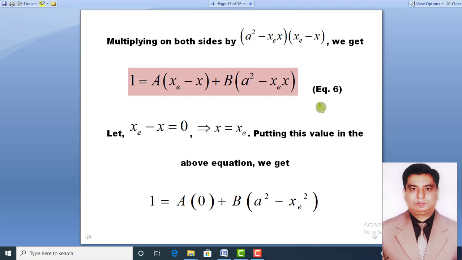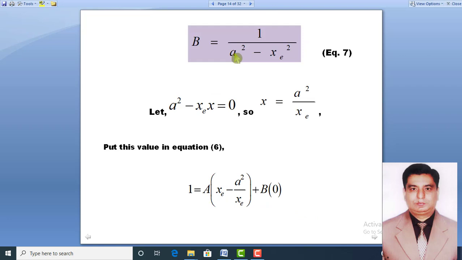If we put this value in equation number 6, this equation can be written as 1 is equal to A times 0 plus B into (A² minus XeX), because X has been replaced with Xe. So A will vanish, and 1 will be equal to B into (A² minus Xe²), so B will be equal to 1 over (A² minus Xe²) according to equation number 7.